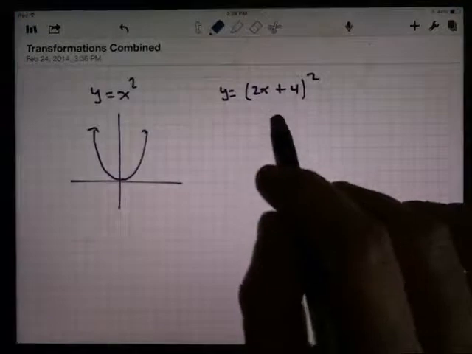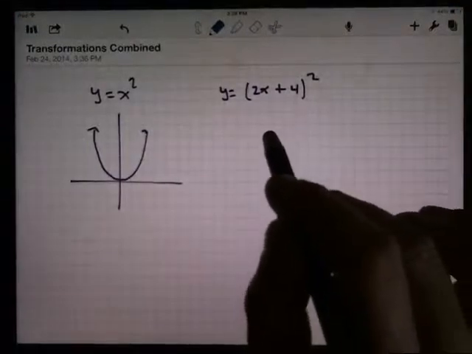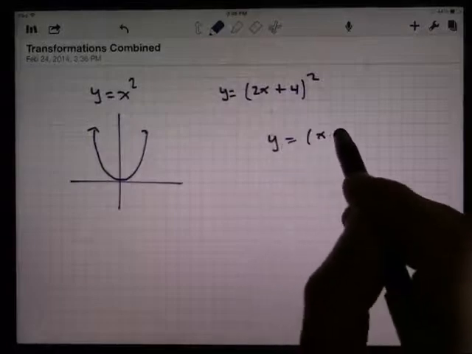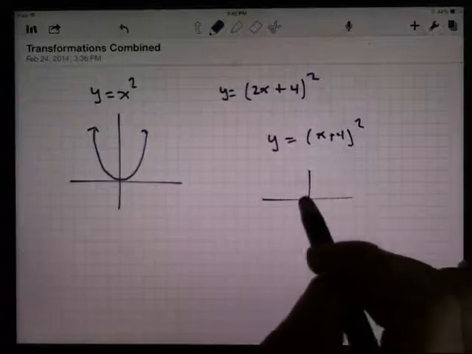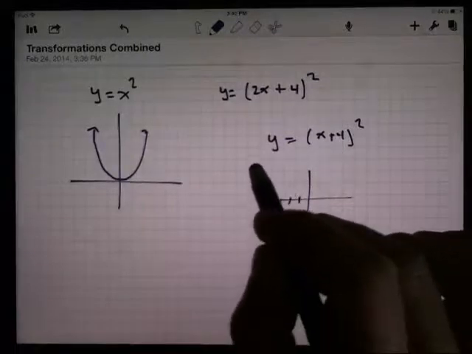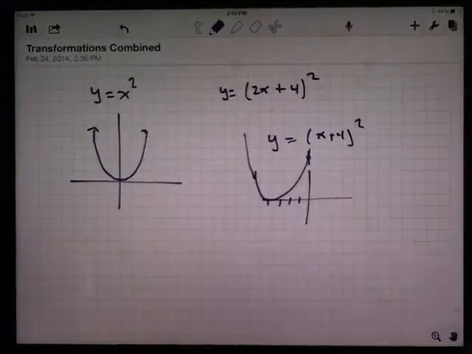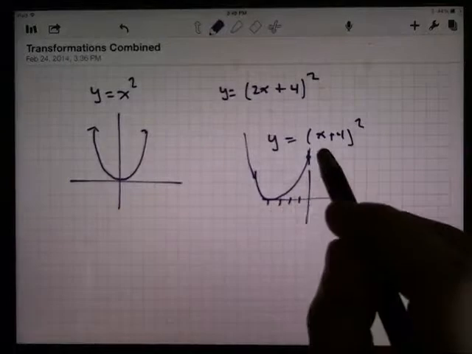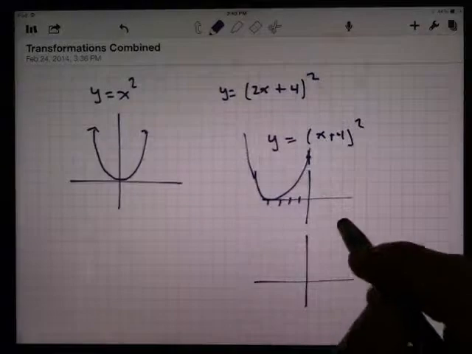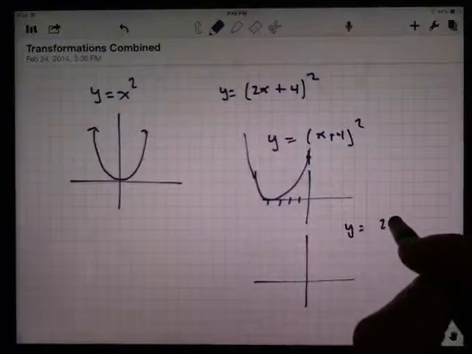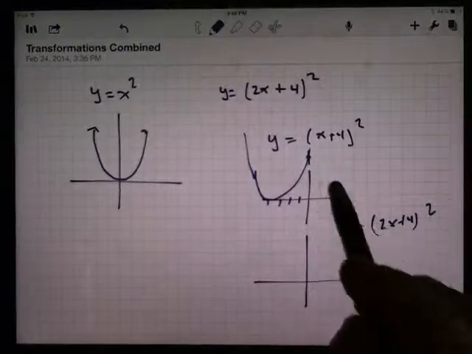If I first of all think of just graphing y equals x plus 4 squared, that's definitely shifted over 1, 2, 3, 4. Whatever that graph looks like, it crosses the y-axis up there somewhere. Then when I replace the x by the 2x, and look at the graph of y equals (2x plus 4) squared, that's squeezing by a factor of 2.